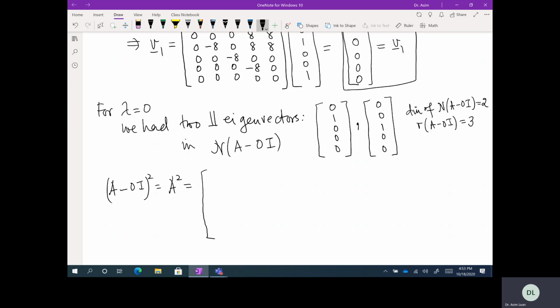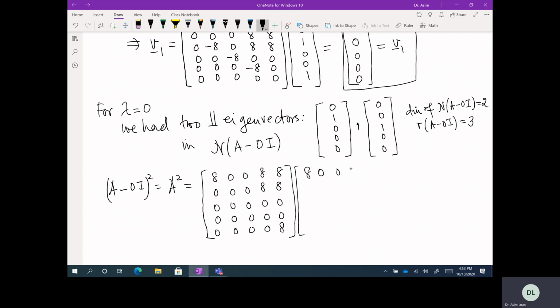So A squared is A times A, and if I multiply these two together, this is the matrix A times the matrix A.